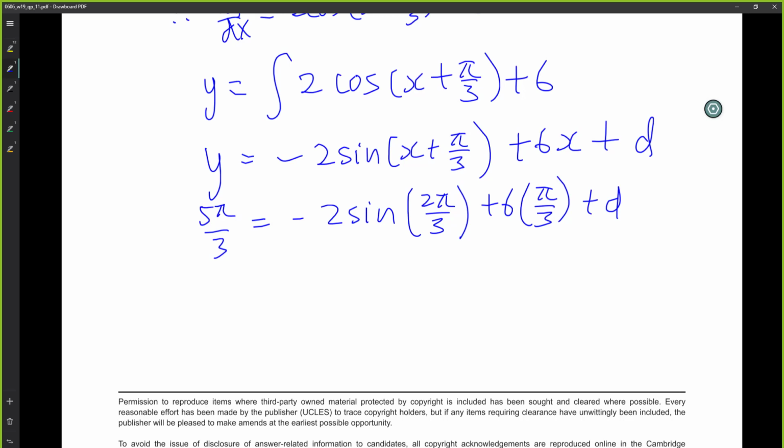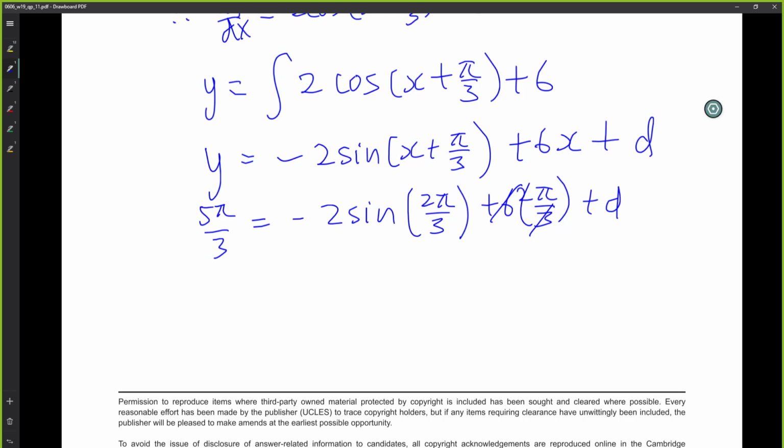So I have 5 pi over 3. I use a calculator. Minus move to the other side, it will become plus, right? Plus 2 sine 2 pi over 3. And then I will minus, this one will simplify, right? Minus 2 pi.